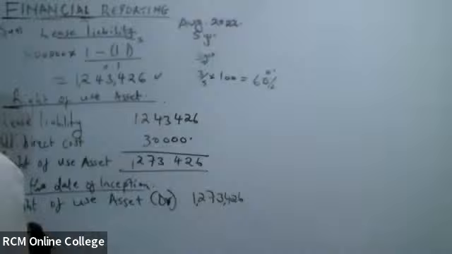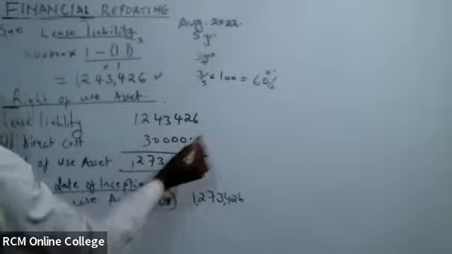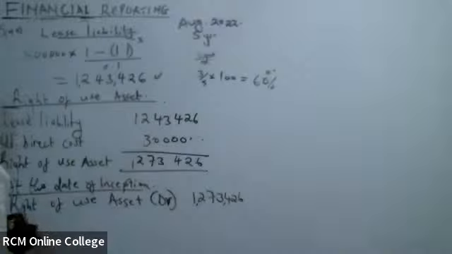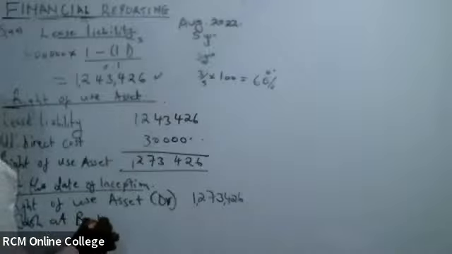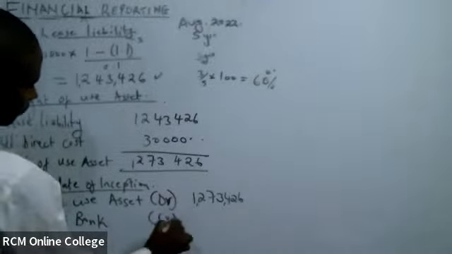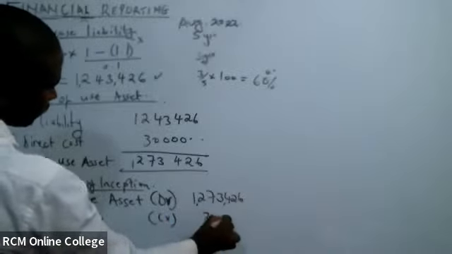Then we have this 30,000. It is cash at bank. That one we credit 30,000.